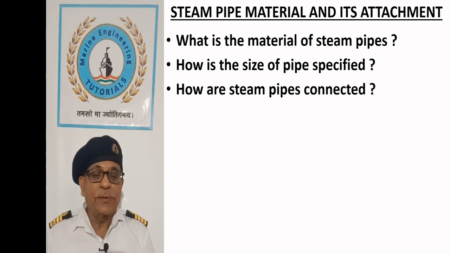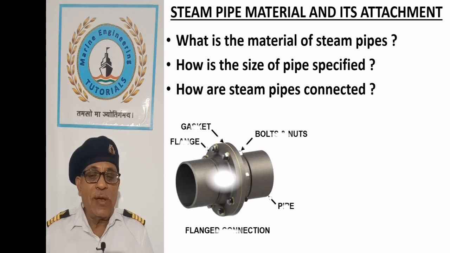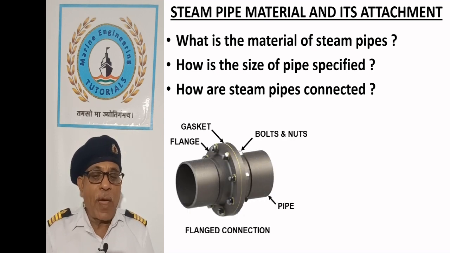How are steam pipes connected? Steam pipes are joined together using flanges and gaskets. Flange is welded at the end of the pipe. Two flange ends are joined together using bolts and nuts with a gasket inside as shown in the sketch.